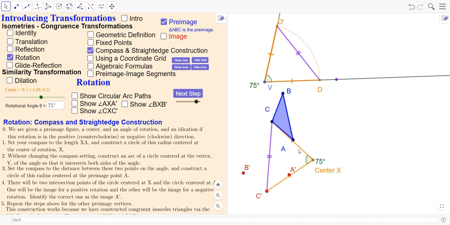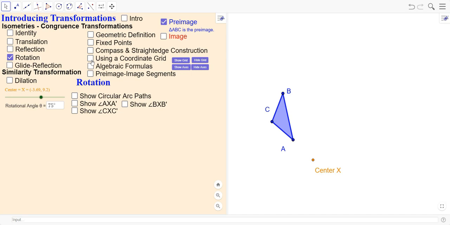So by side-side-side, these two triangles are congruent, and that makes this angle congruent, and it also makes C prime the same distance from the center of the rotation as C is, and it makes sure that angle is going to match the angle up here that we're given. That's exactly what makes that a rotation. And so there's our final image.